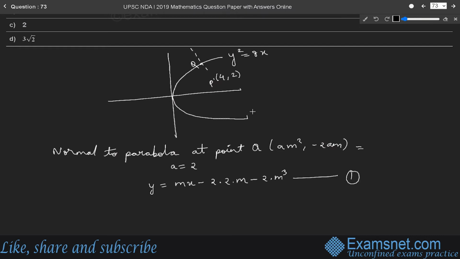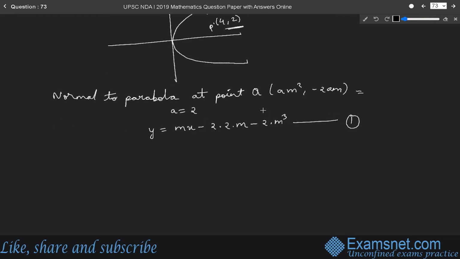We know that this normal passes through the point 4 and 2. So putting the values here of x and y, we will get 2 is equals to 4m minus 2m cube. So m cube will be equals to minus 1. So we can say that m will be equals to minus 1. Hence the point Q is 2 comma minus 1 square and minus 2 into minus 1.